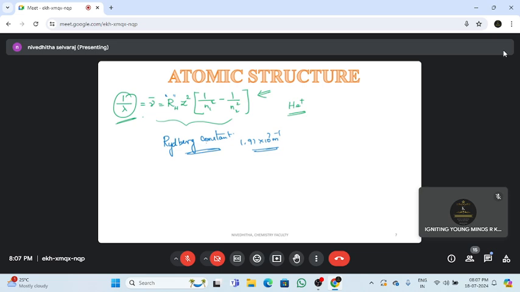And this Rydberg constant is applicable for hydrogen and hydrogen-like system because this formula was derived from Bohr's concept. And Bohr's model is applicable for hydrogen and hydrogen-like system. So similarly, Rydberg constant cannot be used for any other atom. We have to use this for hydrogen and only single electron systems. Okay, fine.